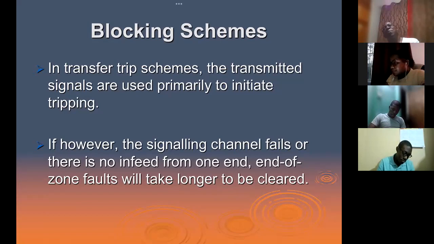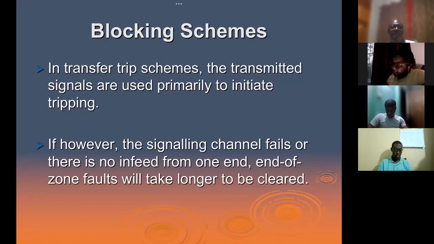So as we have it here, if you end up with an issue with the communication network, you are unable to send the signal. So it means that you're going to end up with a problem that we indicated earlier. You're going to have the fault remaining on the system longer than you would have liked on one end.